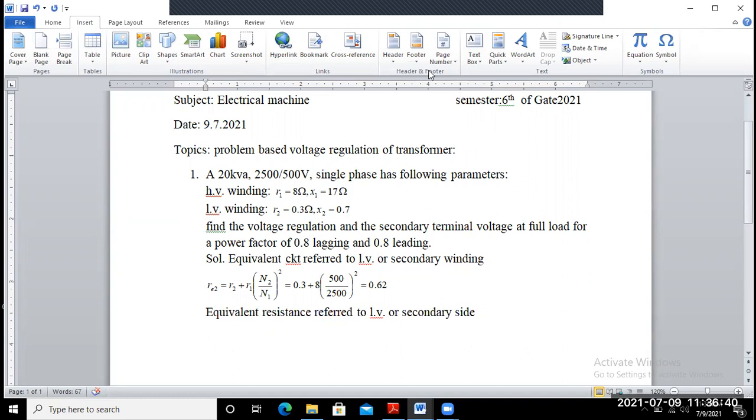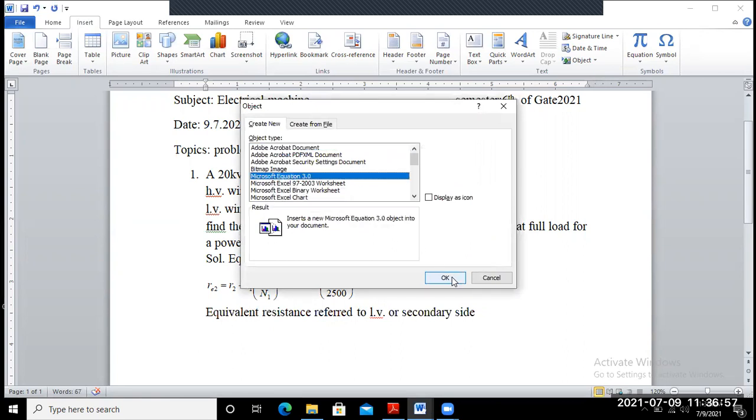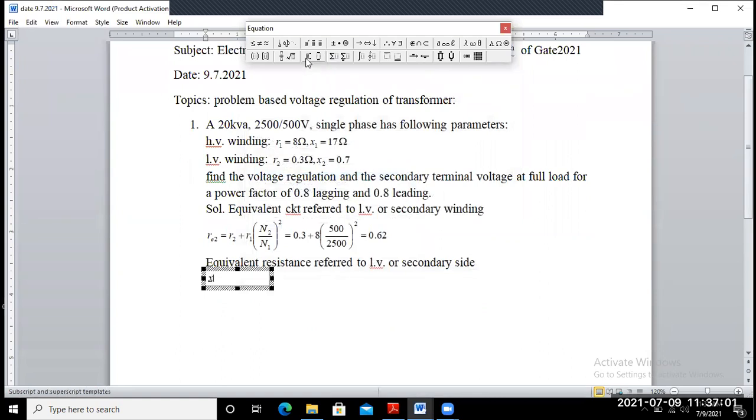XE2 equal to X2 plus X1 into N2 by N1 whole square. So XE2 equal to X2 plus X1 into N2 by N1 whole square.